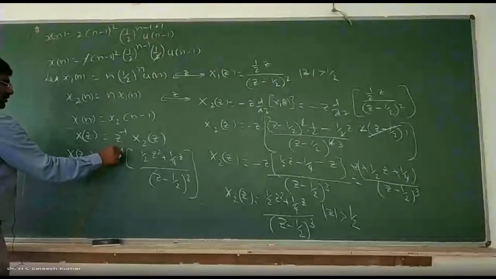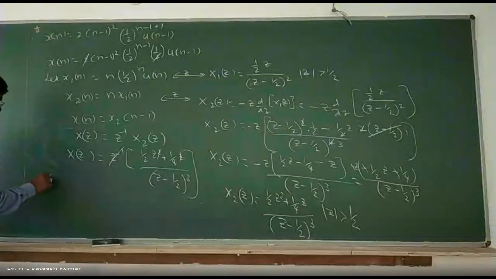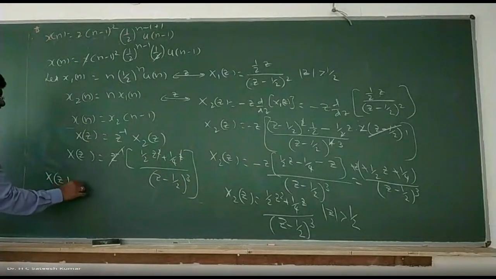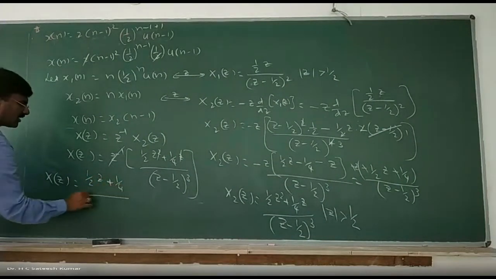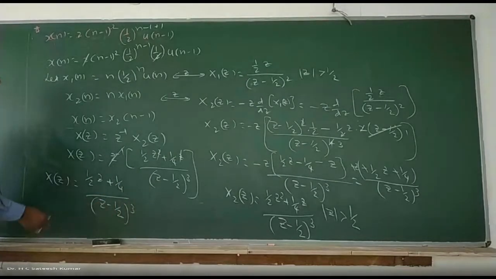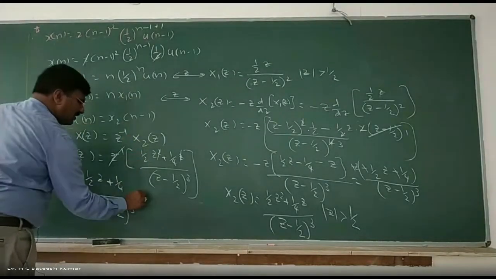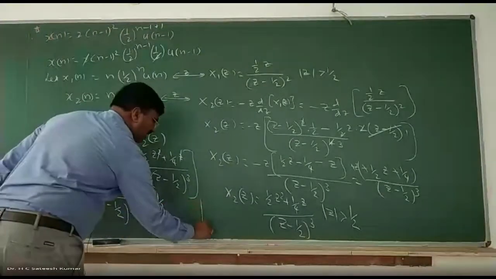Z to the power of minus 1 and z, this z gets cancelled. Therefore, x of z is equal to half z plus 1 by 4 divided by z minus half whole cube, with ROC remaining the same, mod z greater than half, and outside half is the answer.